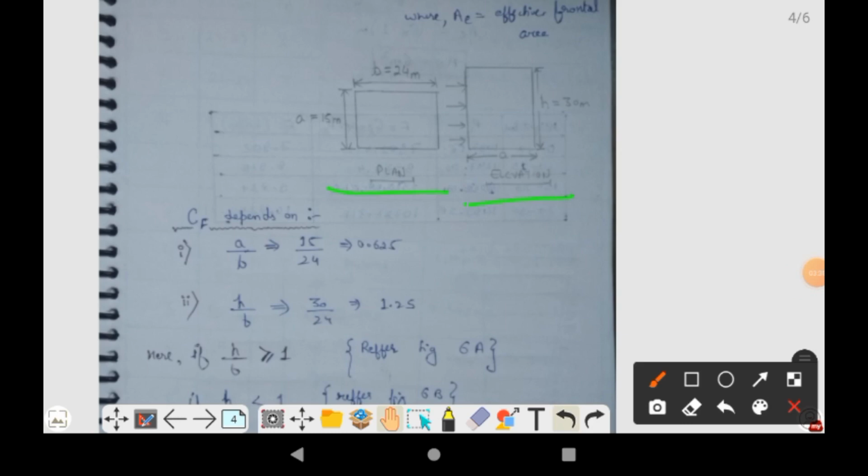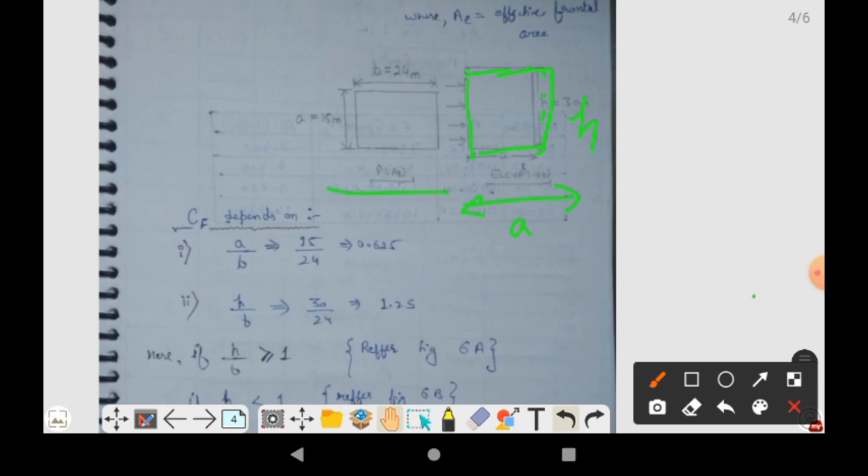This is the elevation, which includes the height H, and B, which is the width of this building.